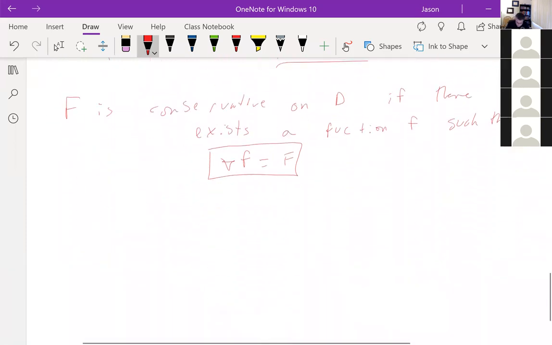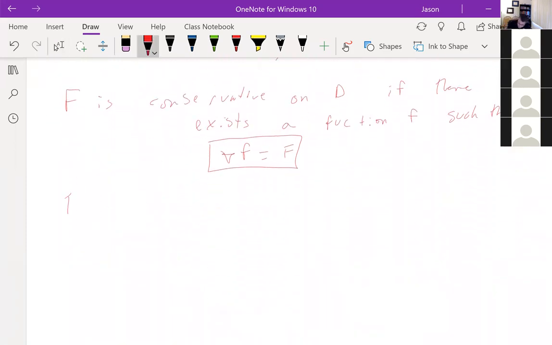Let's talk about another theorem, and then we're going to do a proof, because we're going to go forwards and backwards on this. We're going to say, certain conditions, then it's conservative. If it's conservative, certain conditions.